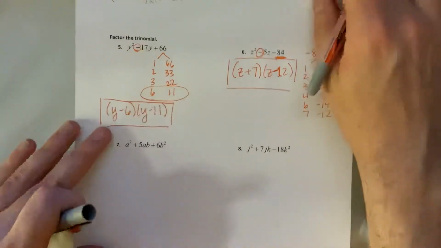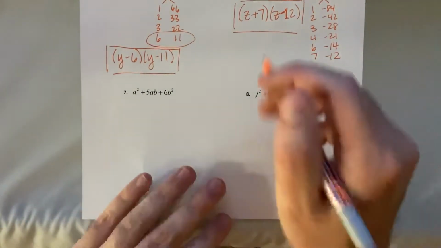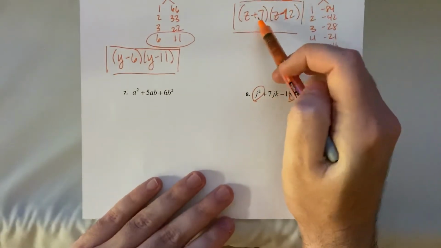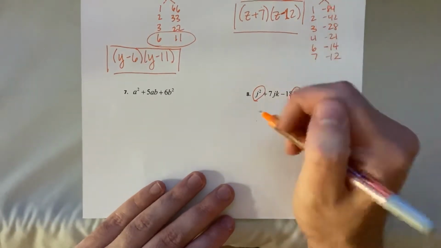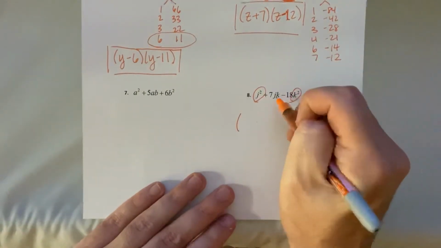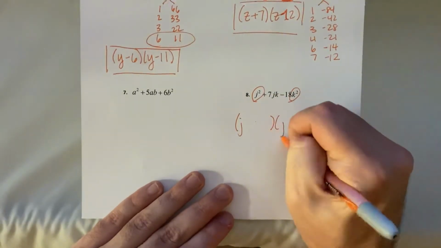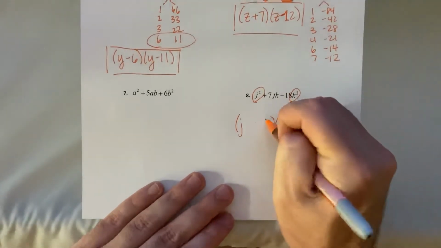There can be more than one variable here. If we think about it, having multiple variables just means that instead of having a constant in the second term, I'm going to have a constant and a variable there. So we know from looking at it, we have a j in the first term. But we also know, because there's a k squared there, that there's also going to be a k in the second term.